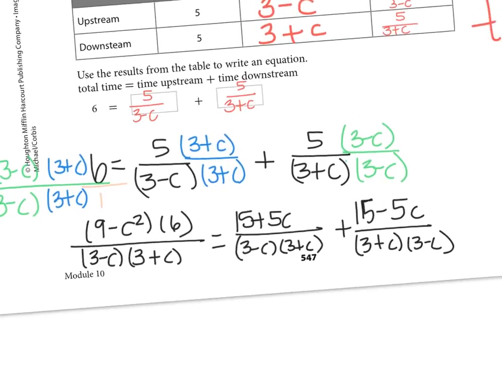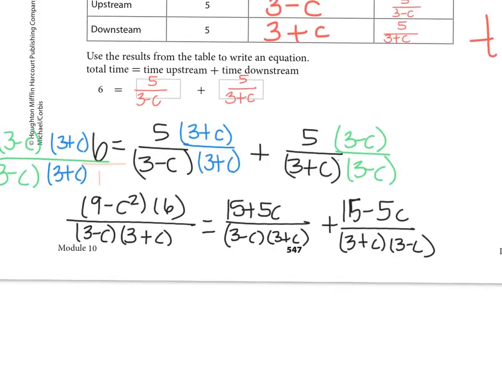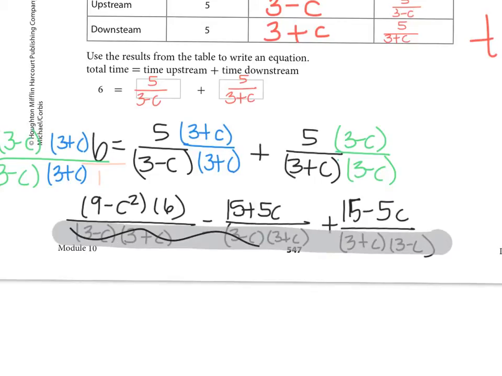So notice that all of my denominators are exactly the same. So if all of them are the same, then I can ignore all of them. And I will just treat this as a problem with numerators. We're going to come back to the denominators in a second for my restricted values. But for my solving, I can ignore them. So I'm going to go ahead and distribute this 6 as well.